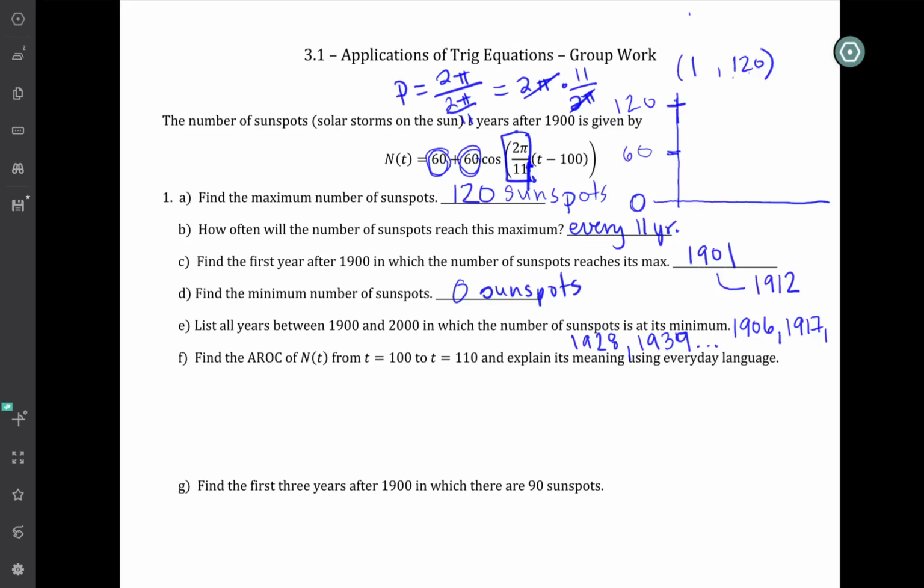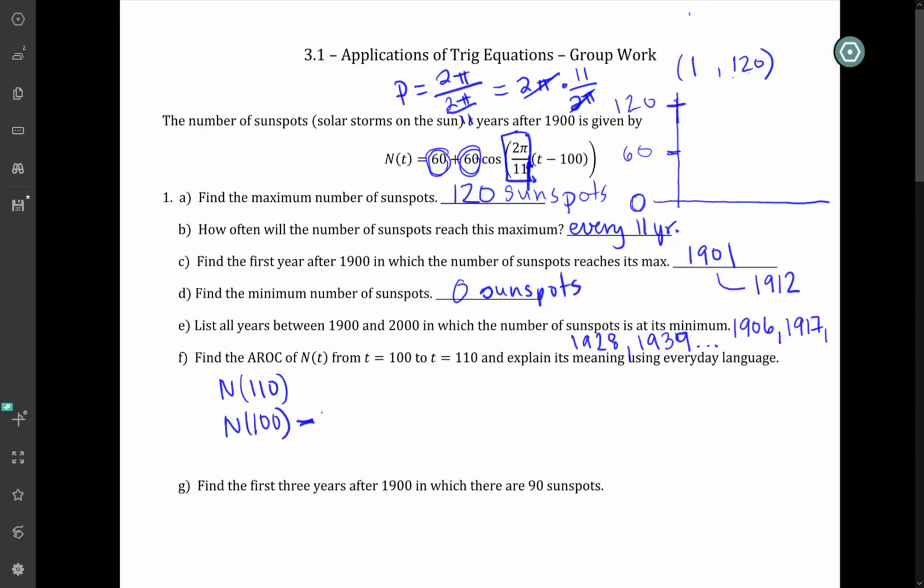Okay, next one, find the average rate of change from t equals 100 to t equals 110. Okay, so if we want the average rate of change, we're going to need n of 110 and n of 100, and actually I think we already know n of 100. I erased it at this point, but n of 100 should be a max.